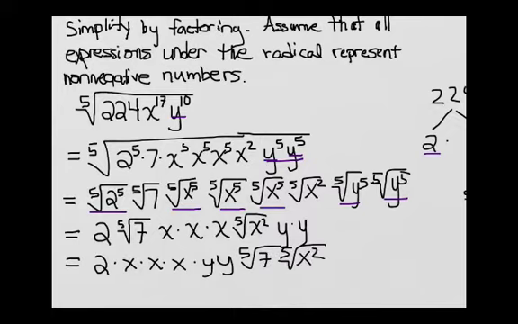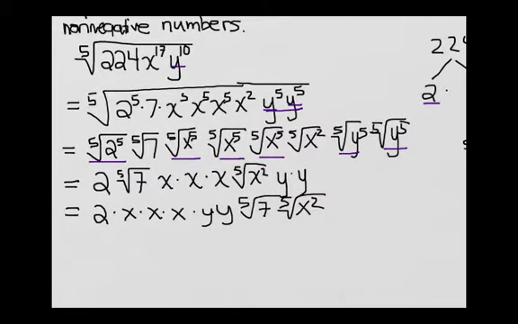And that gives us this expression, 2 times x times x times x times y times y times the fifth root of 7 times the fifth root of x squared. So now writing this in a simpler form gives us 2 times x cubed times y squared times the fifth root of 7x squared. And that's our final answer.